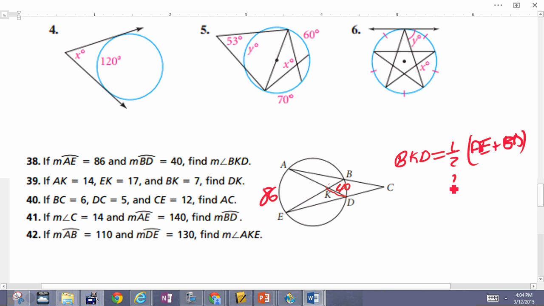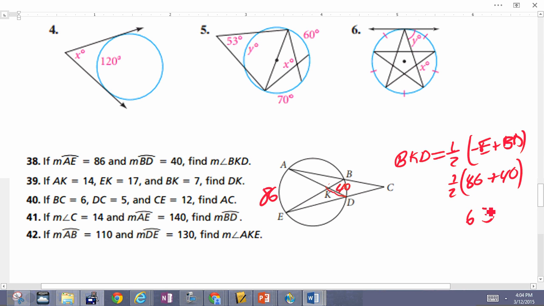So that's half of 86 and 40, which is half of 126, which means that that is a 63-degree angle, okay?